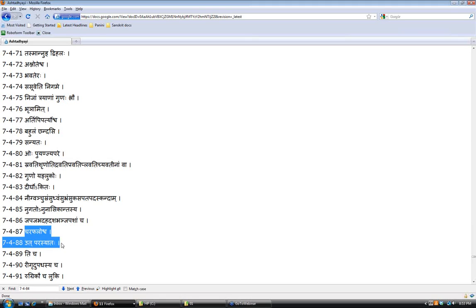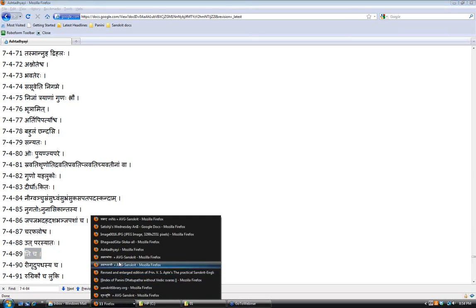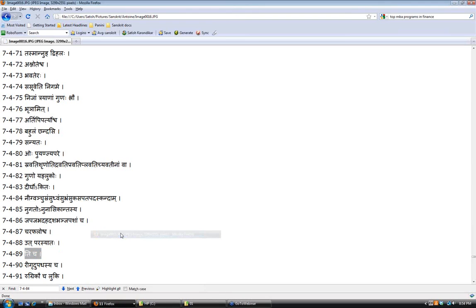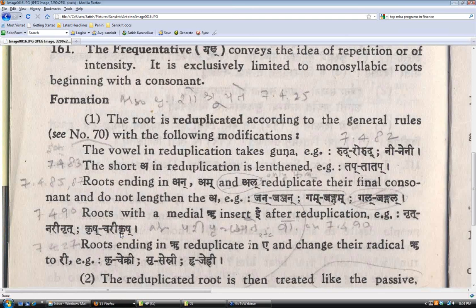If it is a compound, generally the anuvritti is of the whole compound. So what Panini does is he took charphaloscha out of it because he wants this utparasyata to apply for charphaloscha only. Okay, let's go to the book and see what he has given.